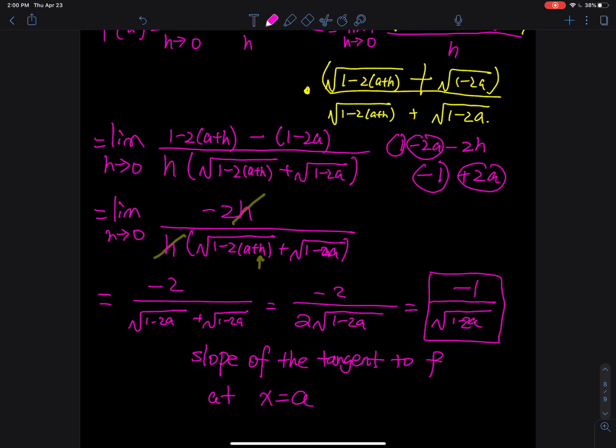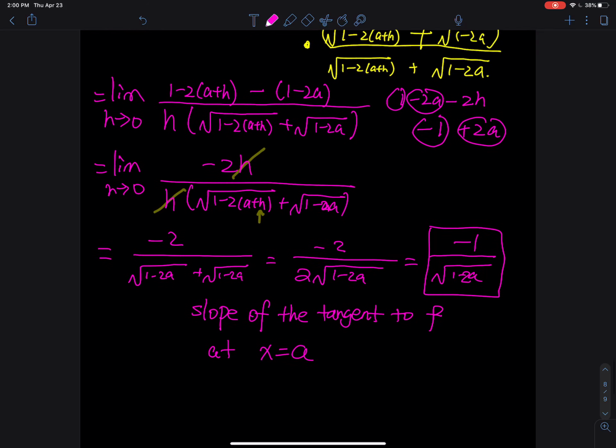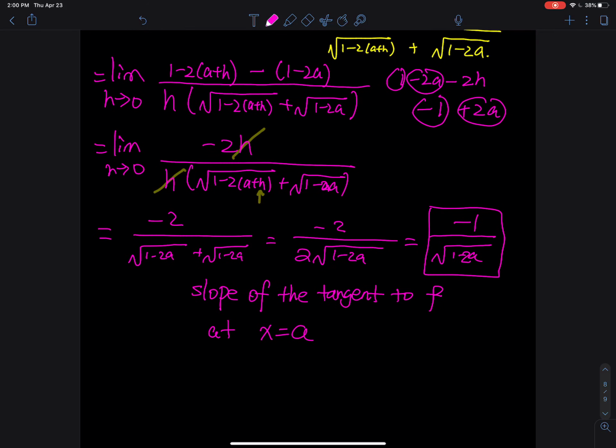But when you pick an a, that must be within the domain of the function. That means you pick an a, you plug in, the function must be defined. If the function is not even defined for the a value, then there is no slope. So since we have a square root, you can specify that 1 minus 2a must be greater than 0, and then you can solve for a, right?